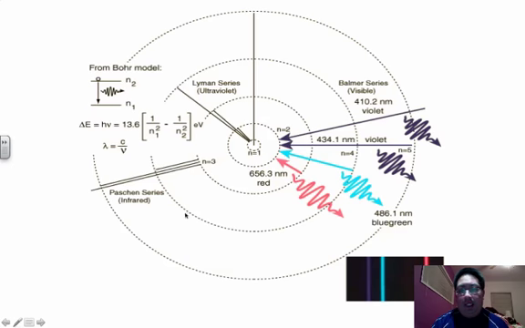Now, what I didn't talk about, but what also happens, is that you can get jumps to even higher levels from n equals 3 or n equals 1 and back down.